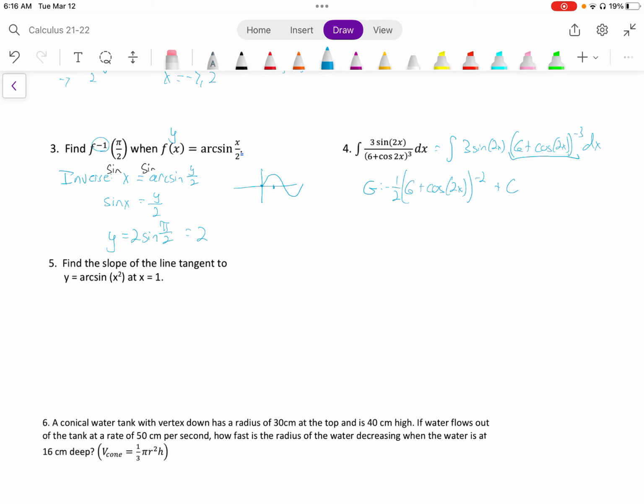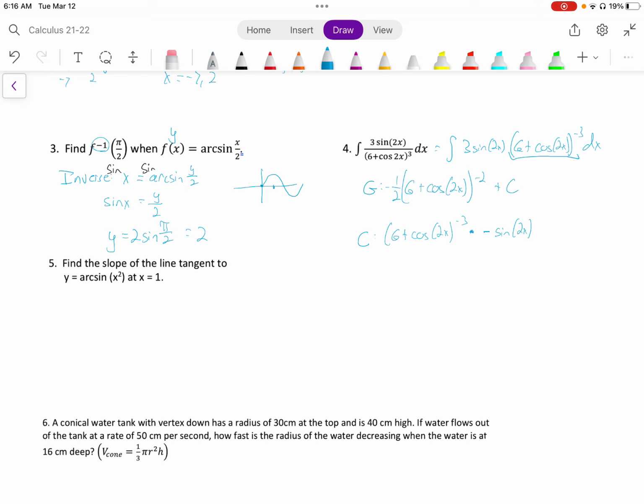That's our guess. Let's check it. So the derivative of that, the negative 2 comes out front, which cancels with the negative 1/2. So we have 6 plus cosine of 2x to the negative 3. And then we're going to multiply by the derivative of what's inside. The derivative of 6 is 0. The derivative of cosine is negative sine of 2x.